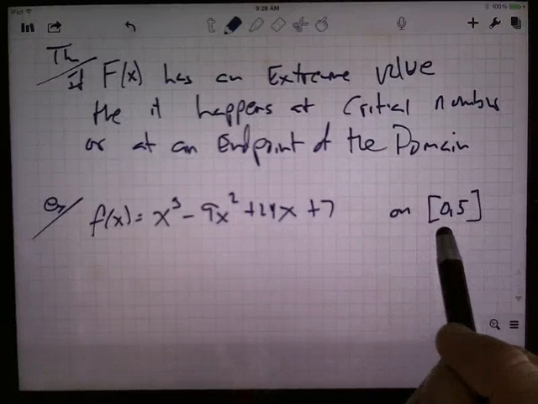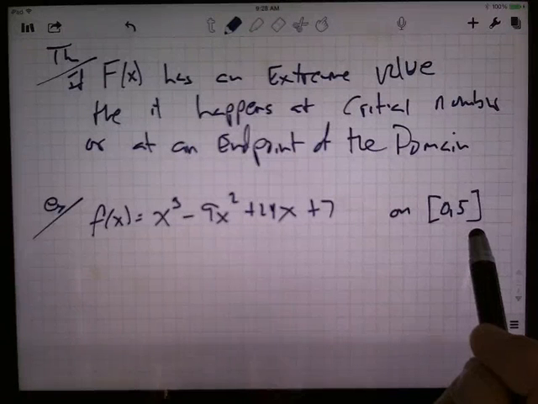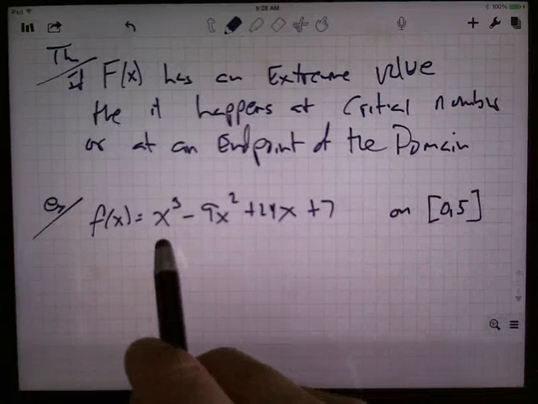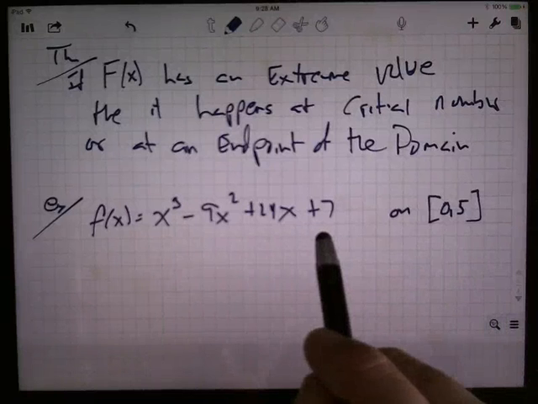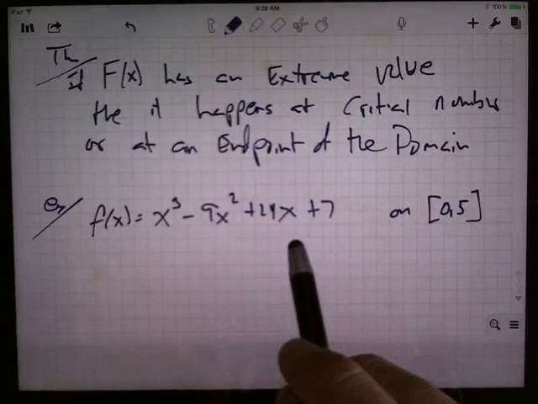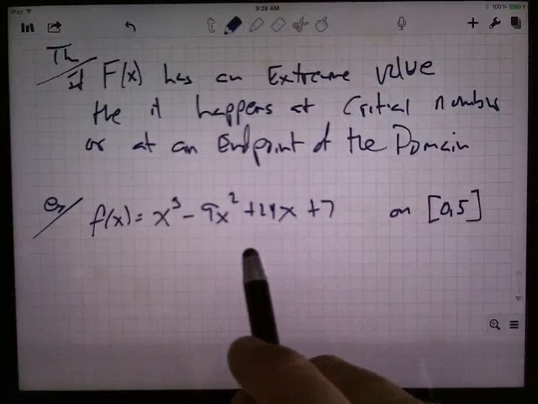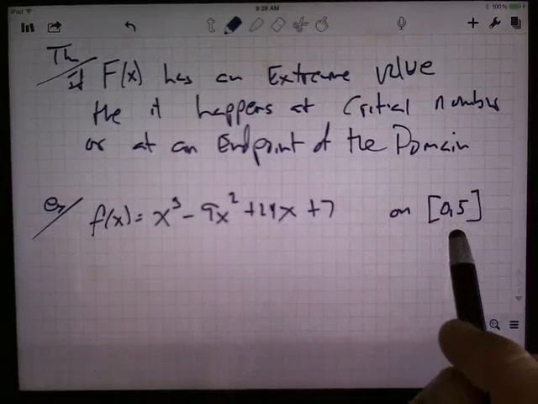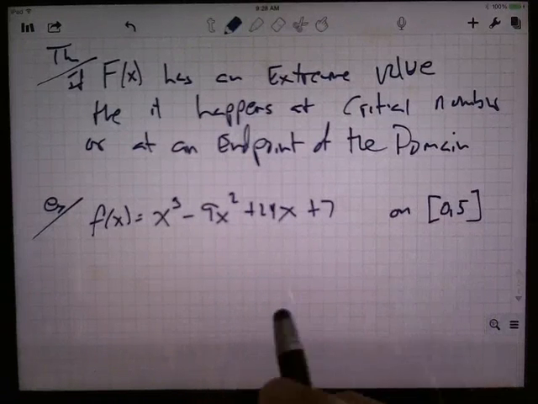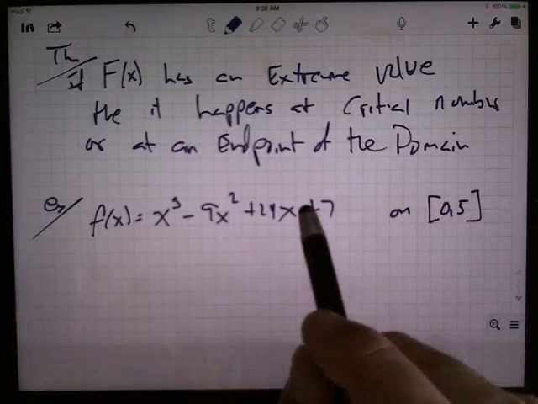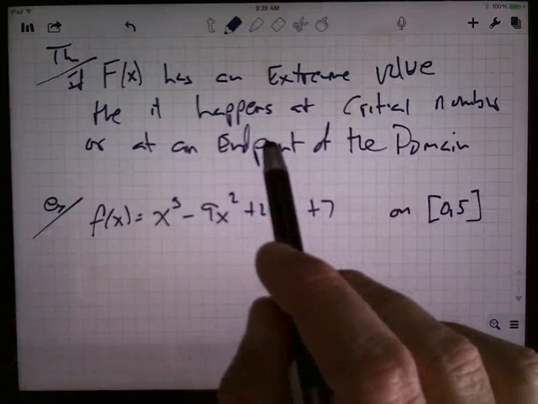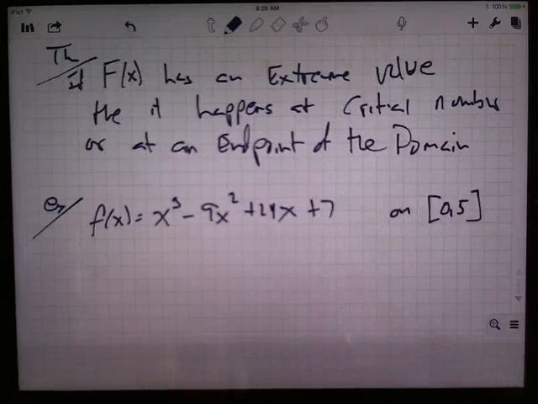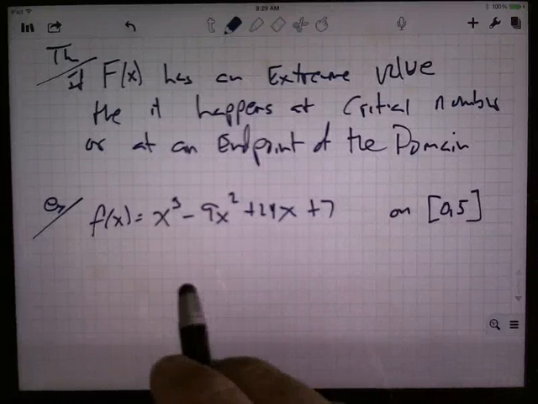Because I have a closed interval of finite length, and I've got a continuous function, right? This is a polynomial, so it's continuous. A theorem we had from one of the videos previously says that there has to be a maximum and a minimum. Those maximums and minimums have to happen at critical values, or at endpoints.